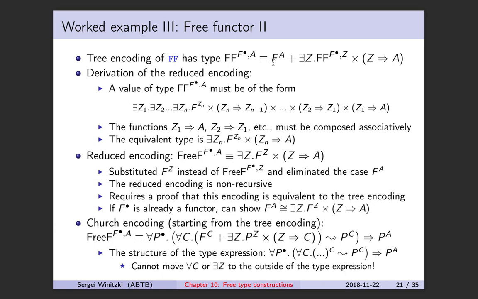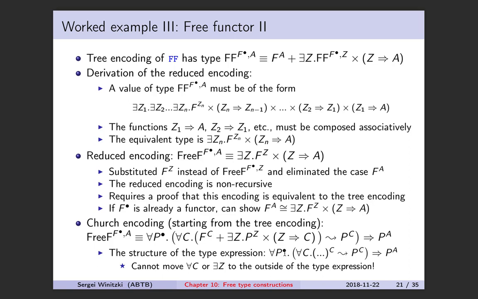For a free functor, it is a type constructor. So therefore, the church encoding must have a universally quantified type constructor in it. And things are just going to be more complicated because here's the structure of the type expression in the church encoding of a type constructor.